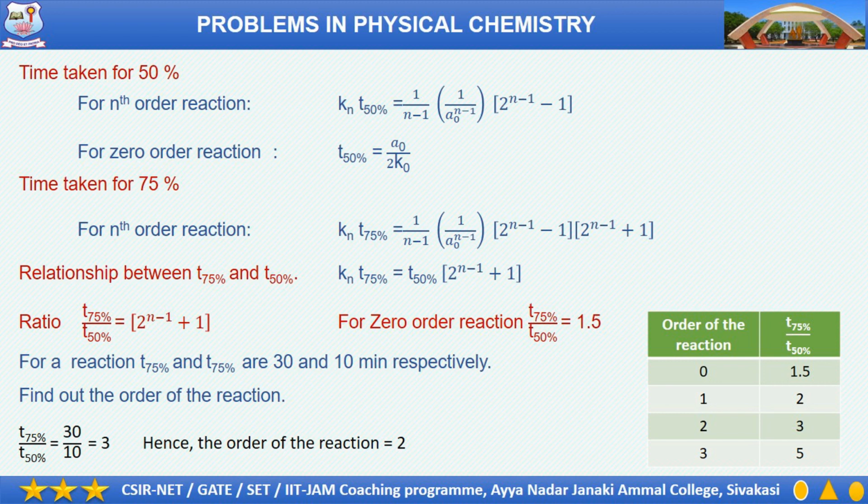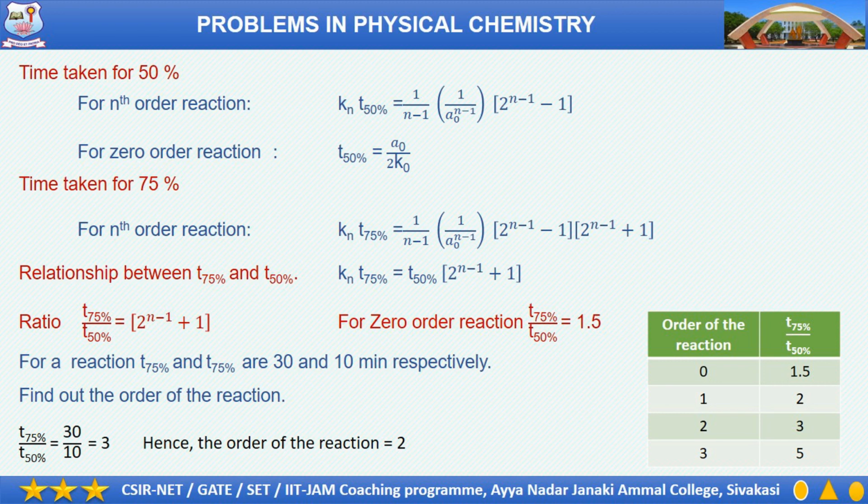Similarly, what is the conversion for T 75%? If T 50% is given, you know the formula: (2 power (n minus 1) plus 1) into T 50%. In the last class, I forgot to give you one ready-reckoner relationship between T 75% and T 50%. If you use the ready-reckoner, you can do the problems.